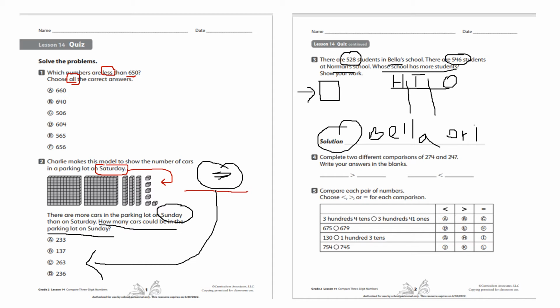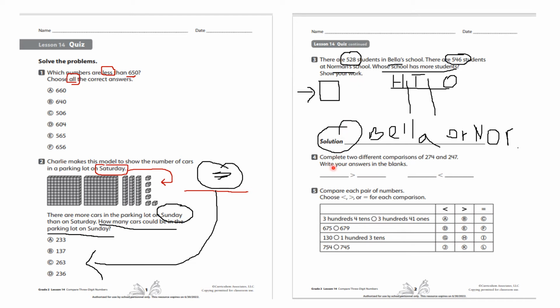Okay, which one has more students? Norman, and I'll just put N-O-R. So you would say Bella has more students, or you would say Norman has more students. But I have to see this in order for this to be correct. If you don't do this, this here is wrong because it says to show your work. So make sure you do that.